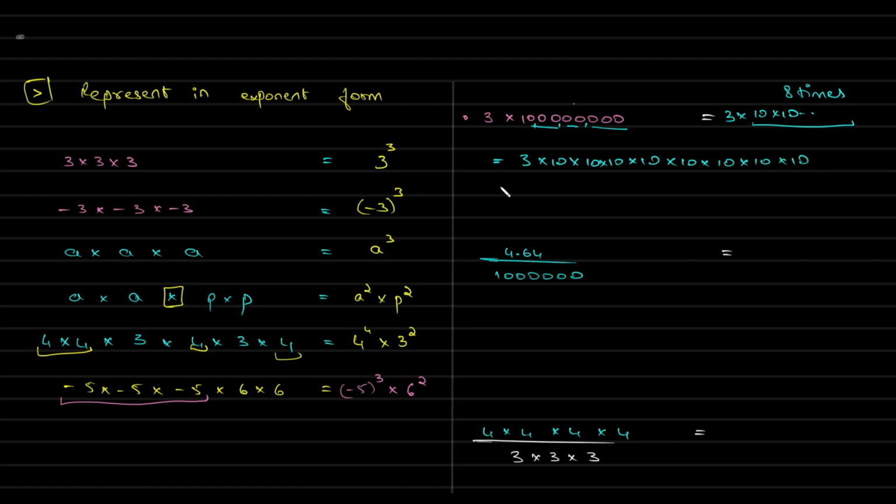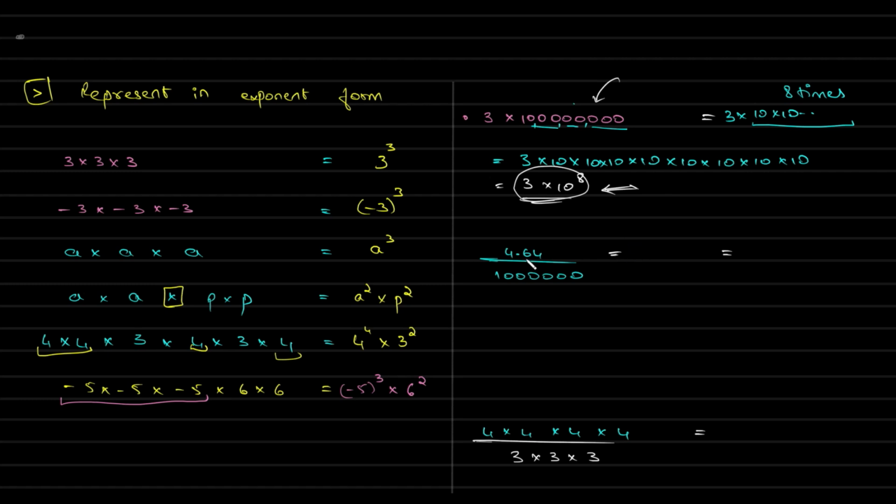So we have 3 into 10 to the power of how many times? 8 times. This is nothing but the approximate value of speed of light. See, this is so difficult to read and understand, while this representation using exponents you can understand very easily, and it's easy to talk to someone or discuss with someone.